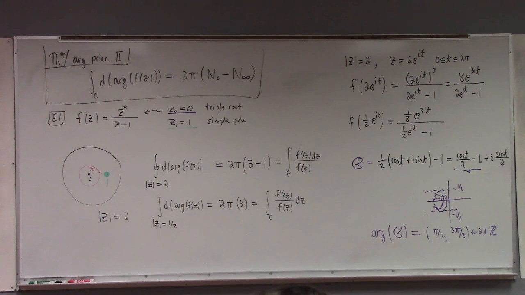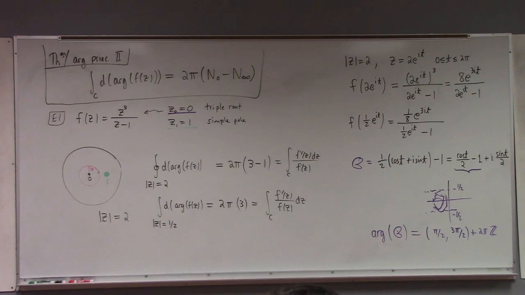Let D be a bounded domain with piecewise smooth boundary. Let F and H be analytic, or if you like, holomorphic on D union the boundary of D. All right.